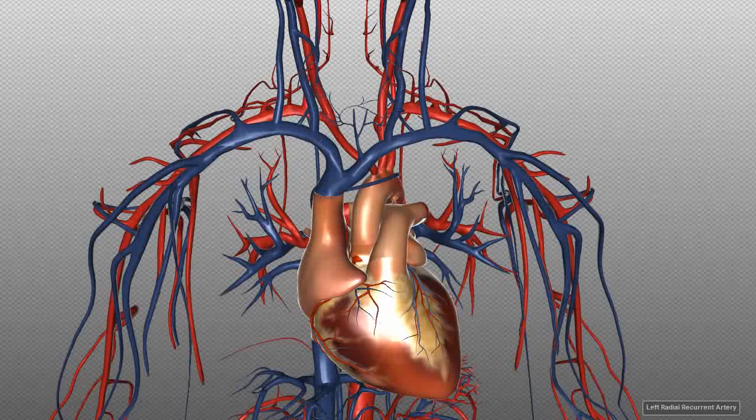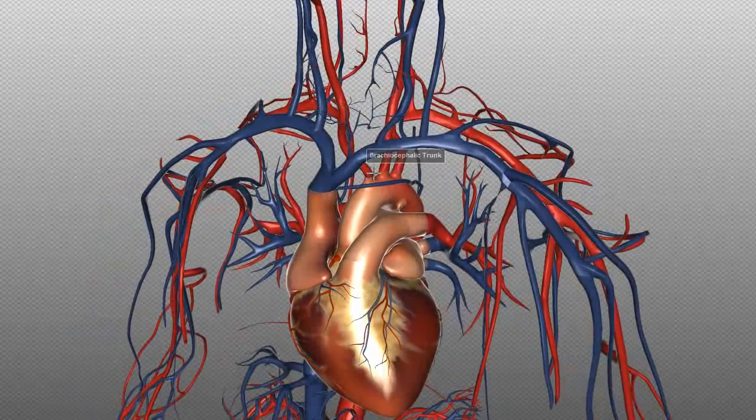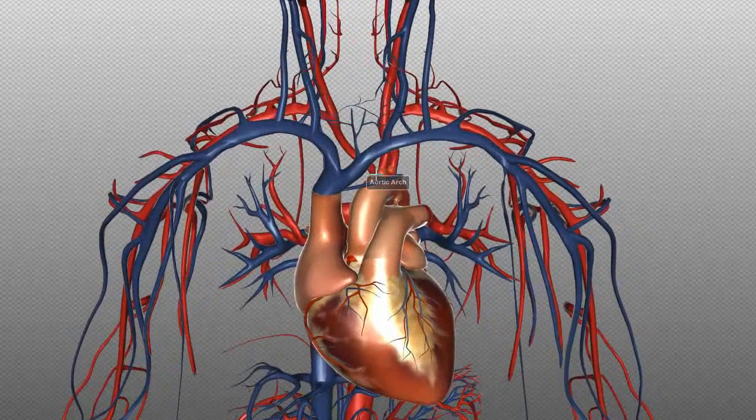So just to go through that again, you've got the aorta, which comes out of the left side of the heart, and you've got 3 branches, 3 arteries which come off the aorta. Most anteriorly, the first one, you've got the brachiocephalic trunk. Next, you've got the left common carotid artery, and most posteriorly, you've got the left subclavian artery. So the subclavian arteries arch off to supply the arm.